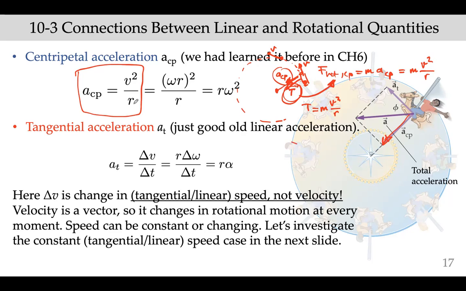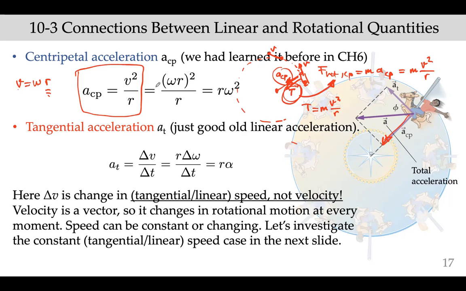Okay, if you remember, we derived this formula in the previous slides. Linear velocity is angular velocity times r, where r is the distance to the point from the axis of rotation or the center of the object.